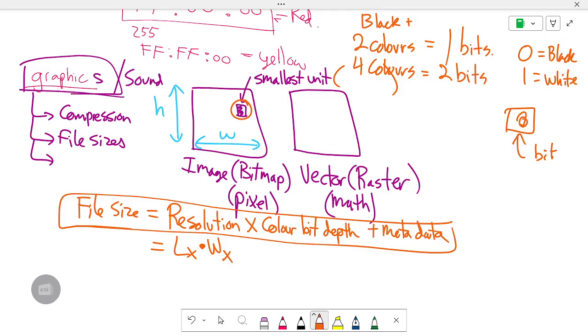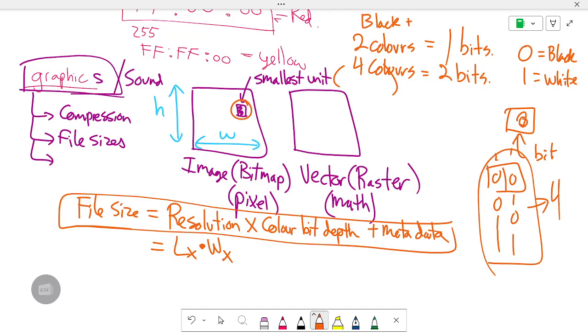Agree or disagree? Because if I have 2 boxes, you can represent 00, 01, 10, or 11. You can get four different combinations, which is 4 different colors.